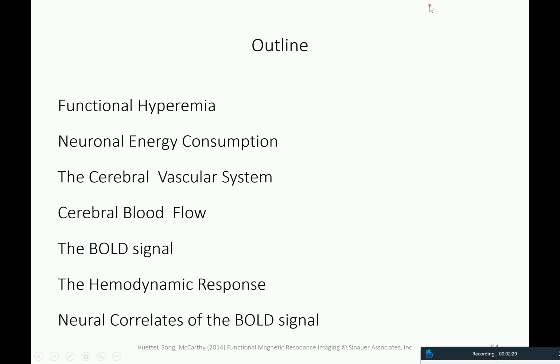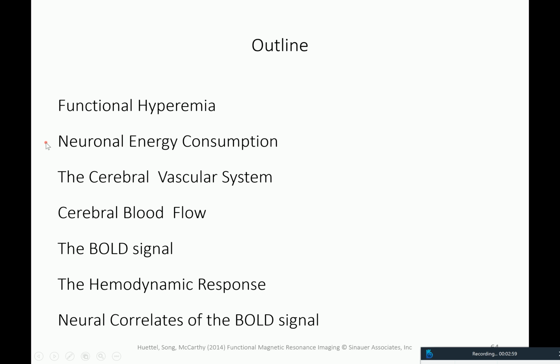So the outline for the whole thing is to discuss first the idea of functional hyperemia, and then essentially establish this metabolic hypothesis of functional hyperemia, which essentially says that it's the metabolism that drives the hyperemia, so the increase in blood supply to a certain area.